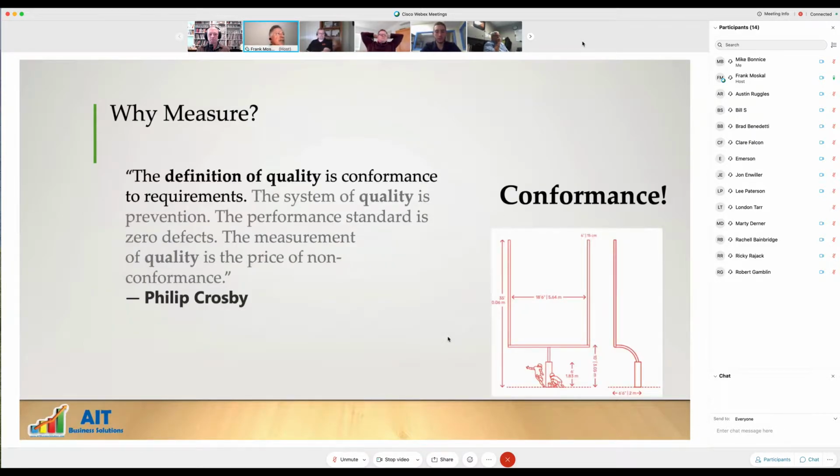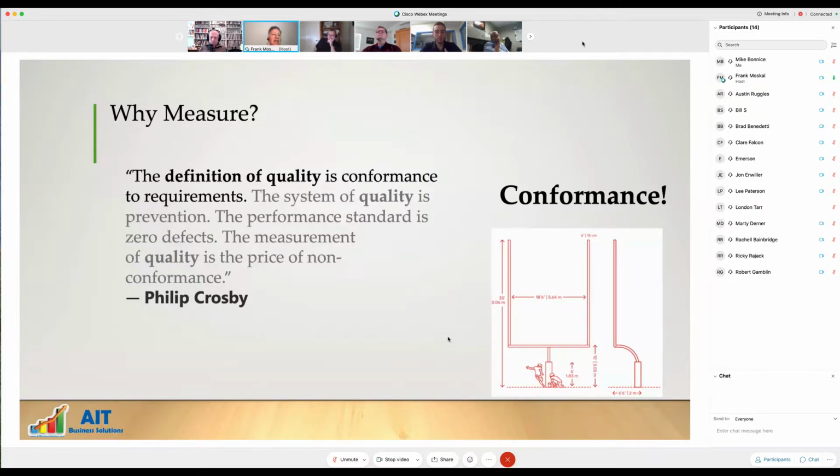I want to stress we really need to think about the reasons why we're measuring things. It's almost like take it back a step and ask: what am I measuring for? What are the business metrics I'm measuring? What am I doing with those? There are two reasons. The first one on this slide is making sure that I can conform to certain requirements or specifications.